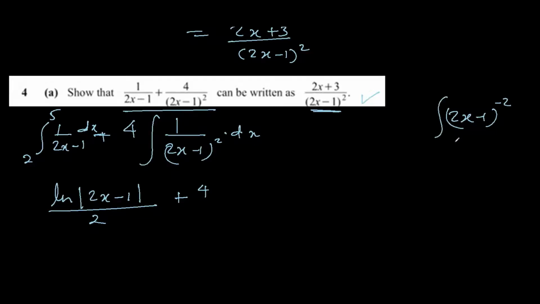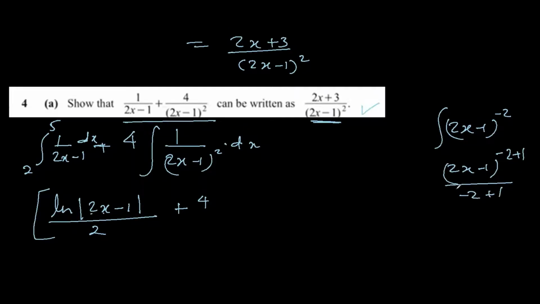When we integrate this, it becomes 2x minus 1 to the power minus 2 plus 1 divided by minus 2 plus 1, and we also divide by the differentiation of the contents of the bracket, which is 2.